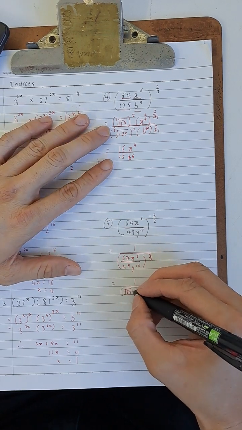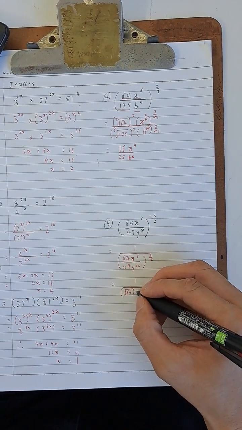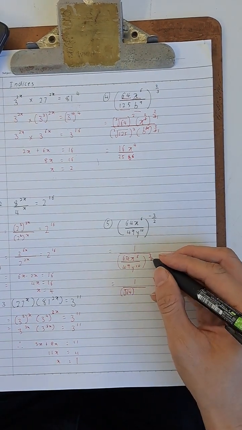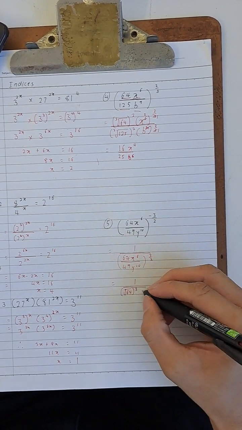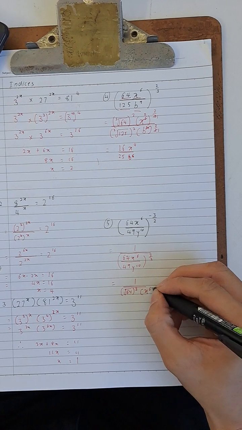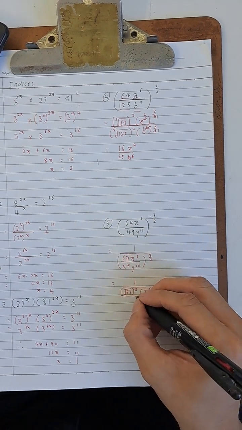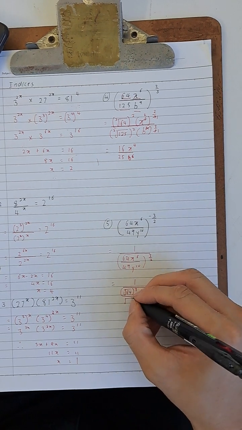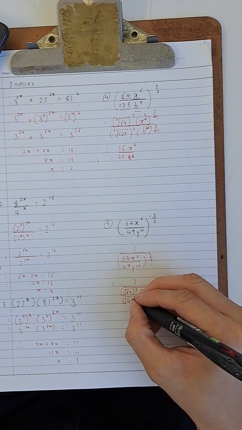Alright, square root of 64. And then only then the answer that I get, I will just square 3 over here. And then for x will be x to the power of 6 and then power by 3 over 2. And then over square root of 49. And then I'll cube it.